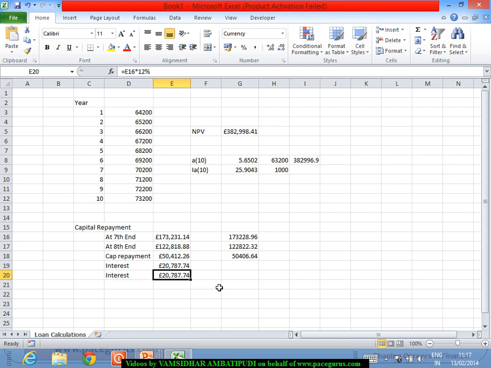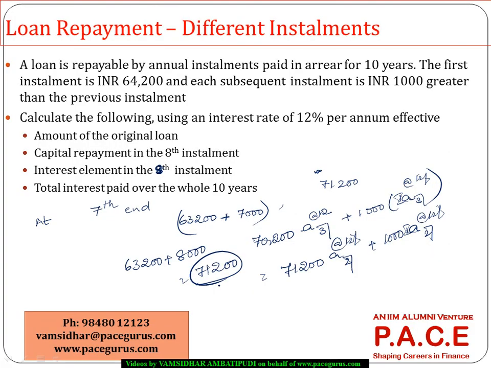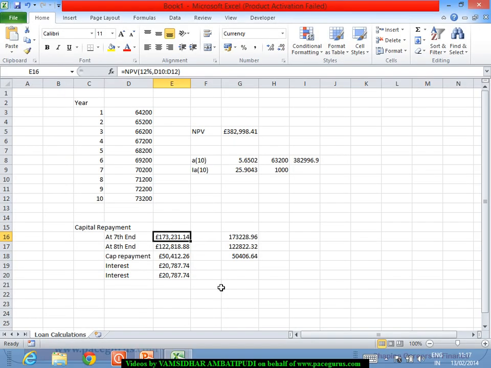So either you take the total payment for that period and subtract the capital repayment part, or, if I am not required to look at the capital repayment, all I need to do is find the principal outstanding at the end of n minus 1 period, and on that capital apply the interest rate to get the interest repayment during that period.